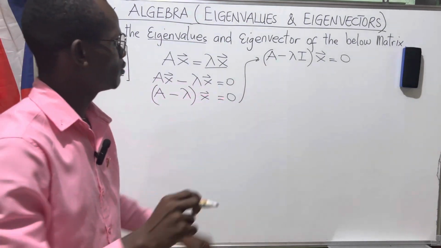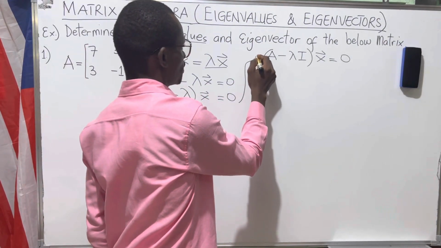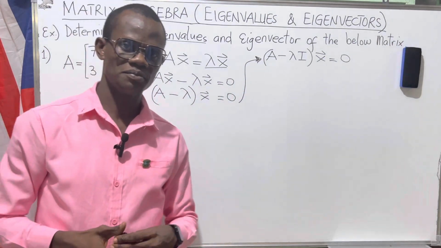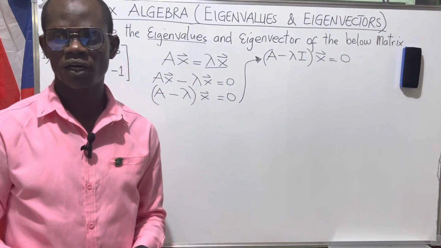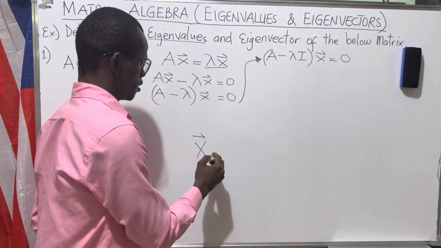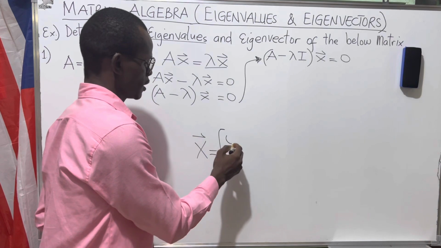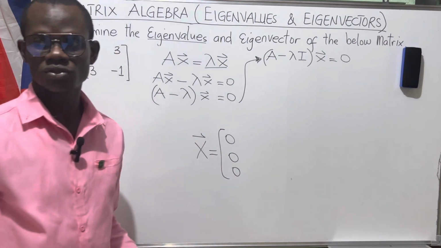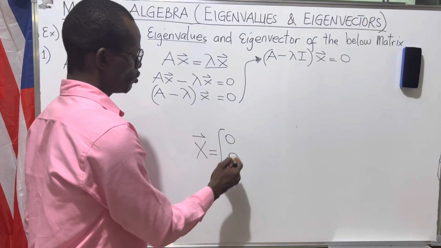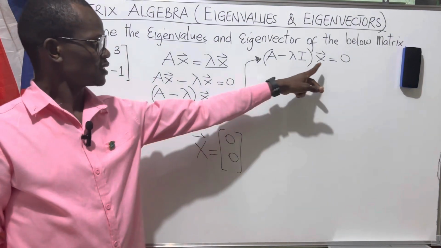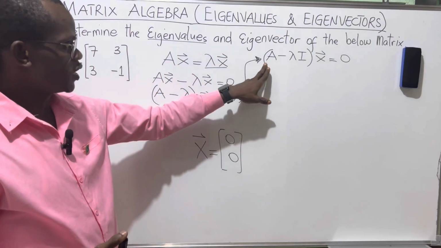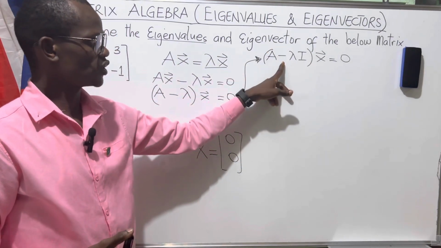Now at this point, we need to be very, very careful, because we know that the eigenvector must be a non-trivial vector. That is, the eigenvector should not be a vector that comprises all zeros. It should not be a zero vector. So in order to make sure this is not a zero vector, we need to carry on some operation on this expression.